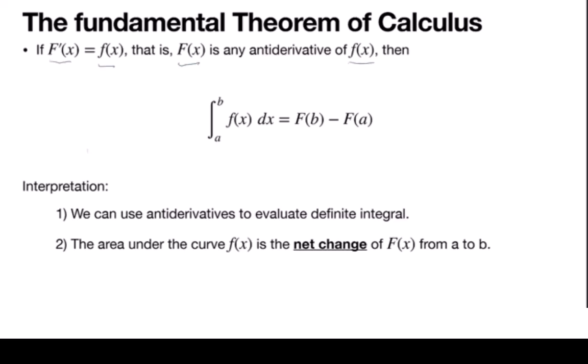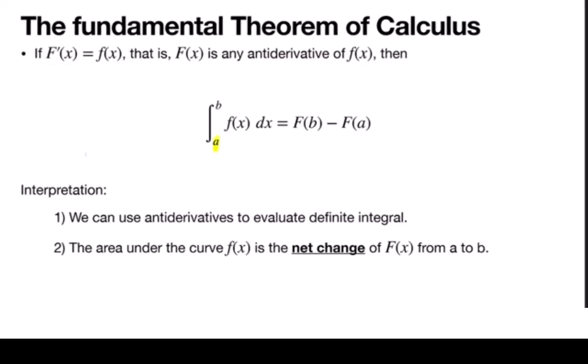This is called a definite integral because we're starting at a and we're going to b and we're going to integrate this function. Once I integrate it, I first plug in b and then I subtract whatever the function is when I plug in a. We'll do an example.